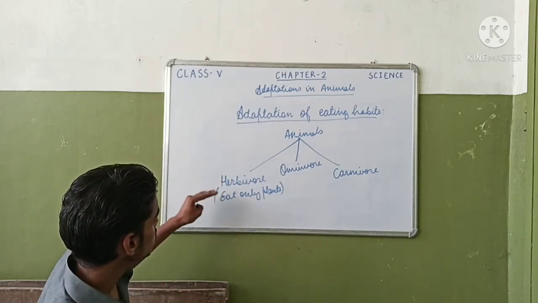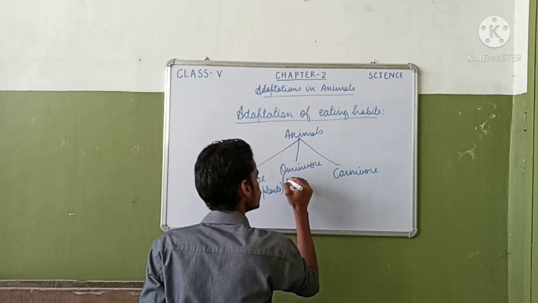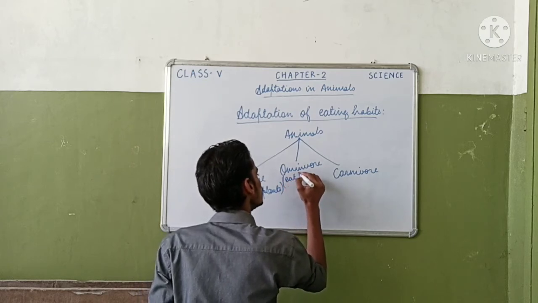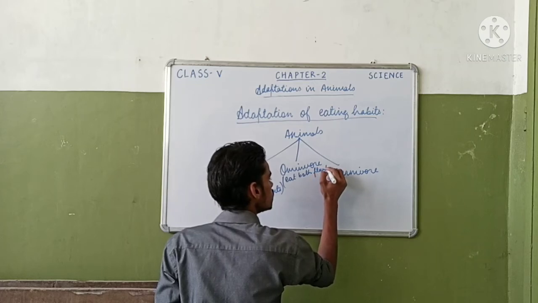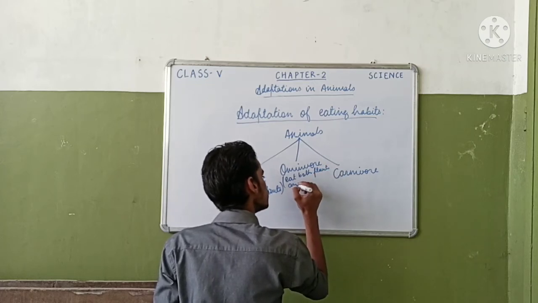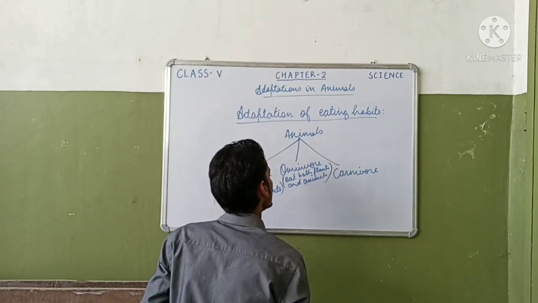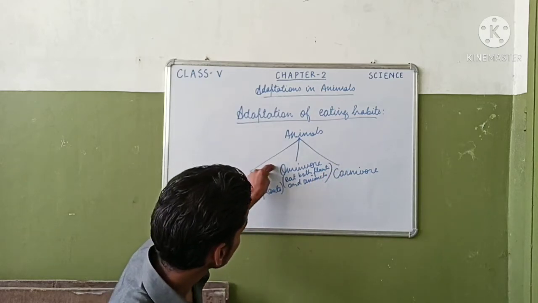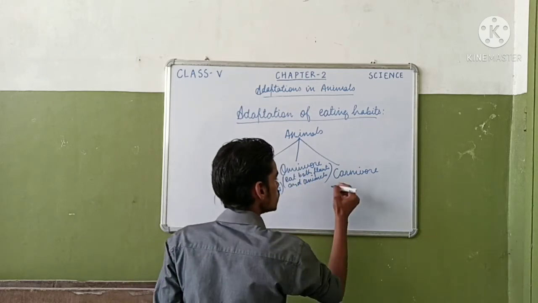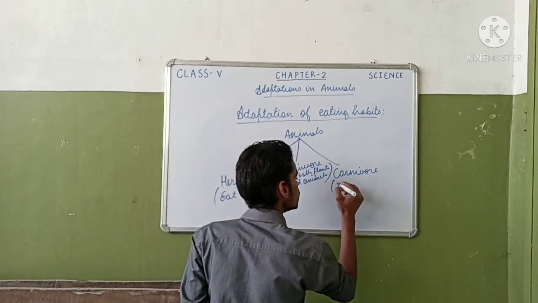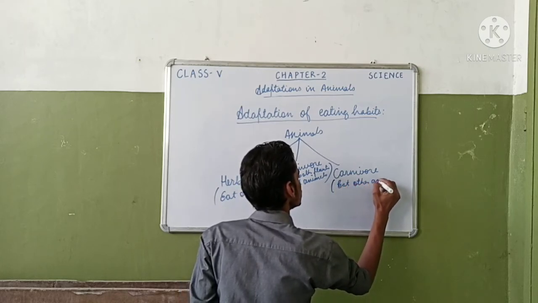Omnivores are animals that eat both plants and animals. Carnivores eat other animals.